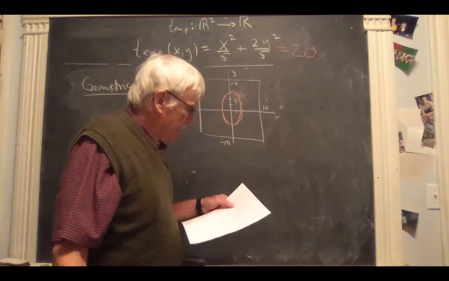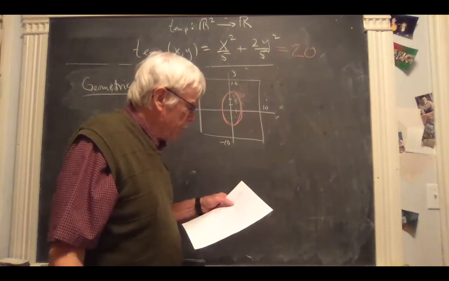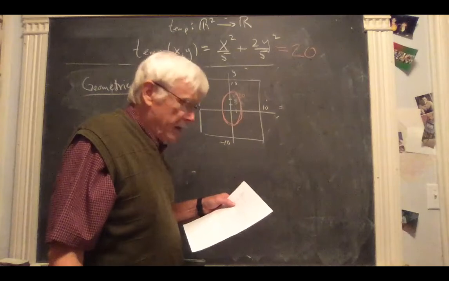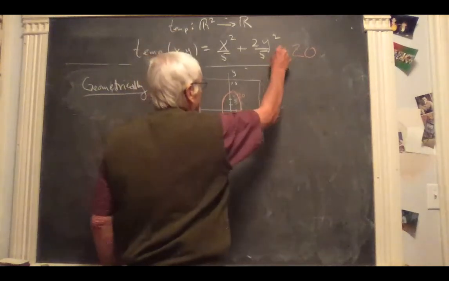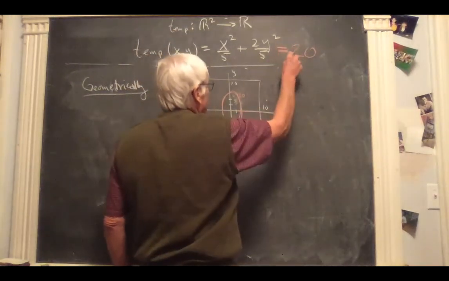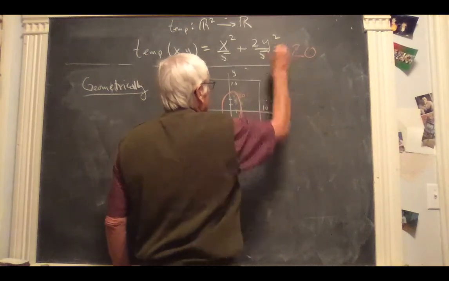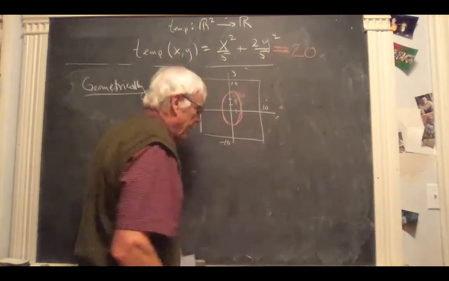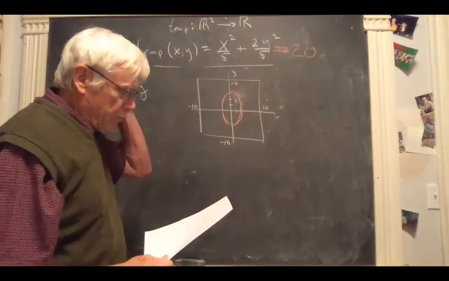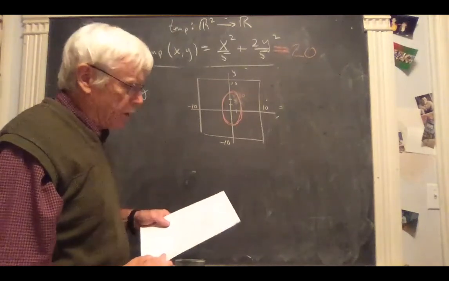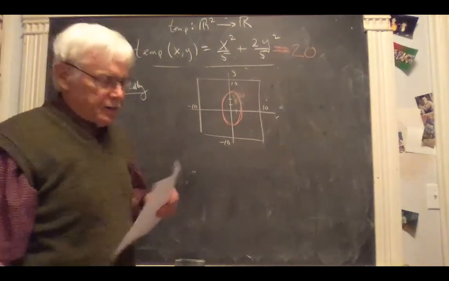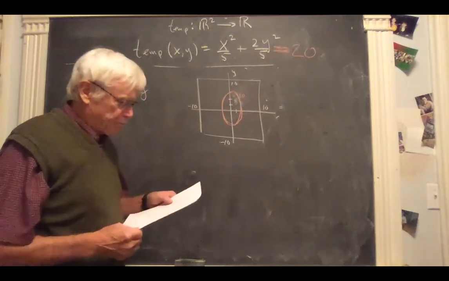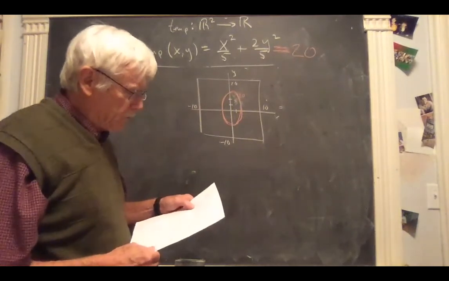We're going to look at the contour where the temperature is exactly 20. And the equal sign in there is not a normal equal sign. This is a double equals. That's telling Mathematica to set this equal to 20 and find those points. If you use a regular equal sign, it won't do anything. Just sort of duh.